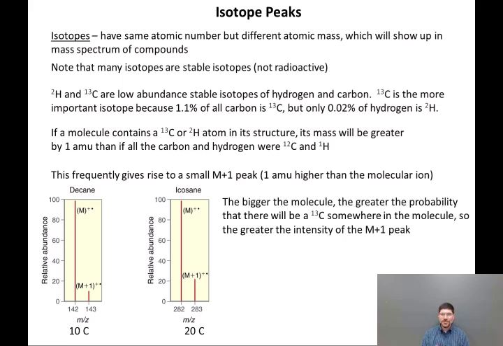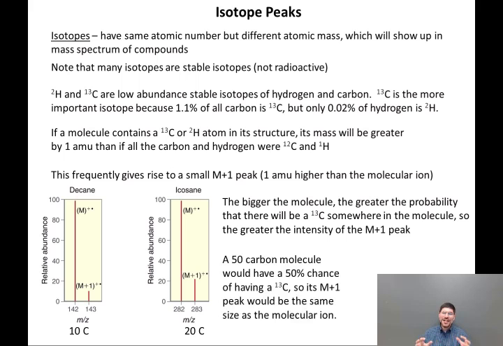So this brings forth the principle that the bigger the molecule, the greater the probability that there will be a carbon-13 somewhere in the molecule. Doesn't matter where it is, as long as it's somewhere. So then there will be a greater intensity for the M+1 peak.